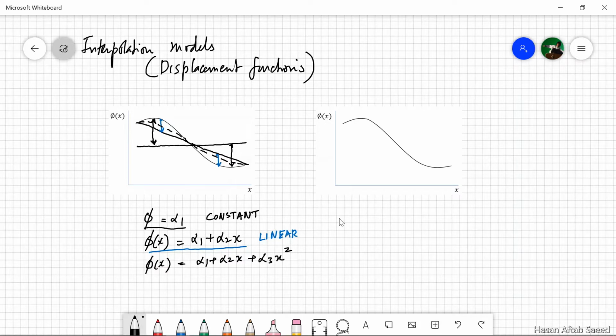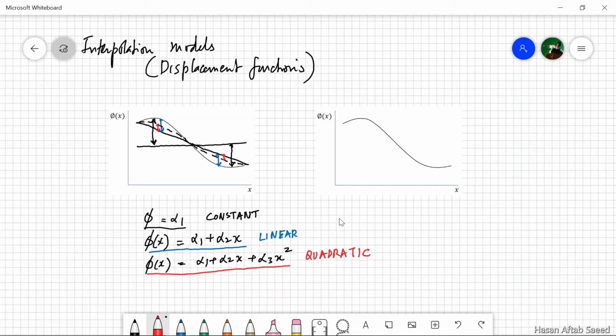Now the error in this case, which is the quadratic distribution, has reduced even further. So as we move along, as we use higher and higher order of approximating function or the interpolation function, the error is reduced.